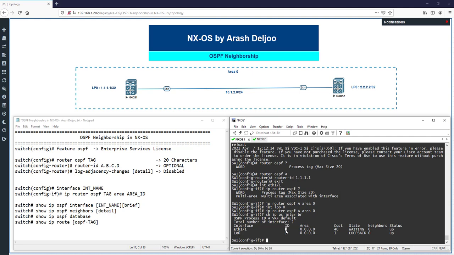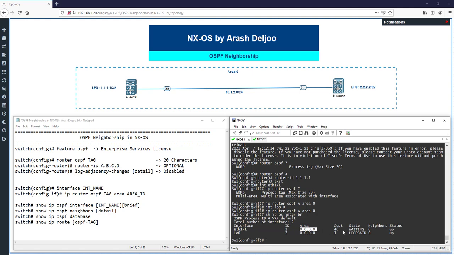This is the first interface, and this is the second interface. We enabled OSPF on these interfaces in area 0.0.0.0. Don't forget that I configured area 0, but here we can see the dotted decimal notation. Every time you use a show command in OSPF, you will see dotted decimal notation.